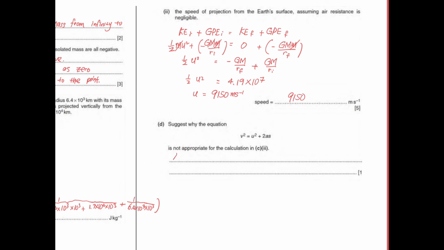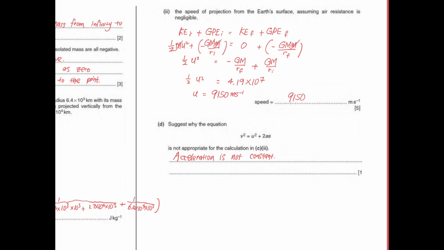Maybe I just write down first: acceleration is not constant. Acceleration is constant when it is around the surface of the Earth, where for free fall or vertical motions, acceleration is constant and takes the value of 9.81.